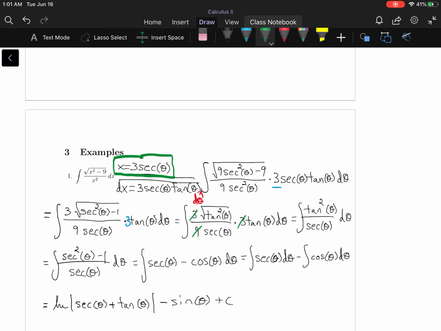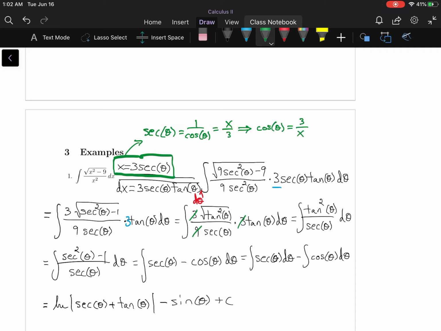I'm going to do that by realizing that secant theta, which is 1 over cosine of theta, is x over 3, which means cosine of theta is 3 over x.